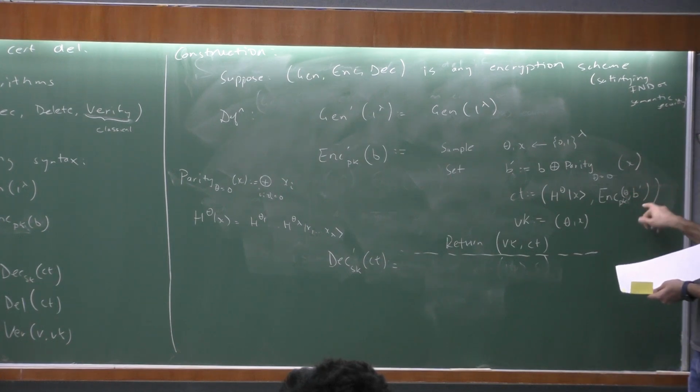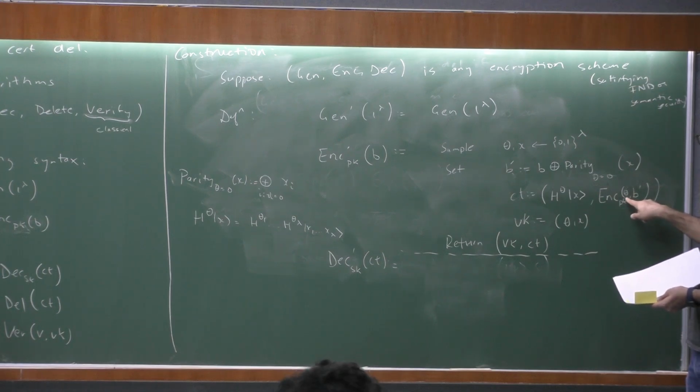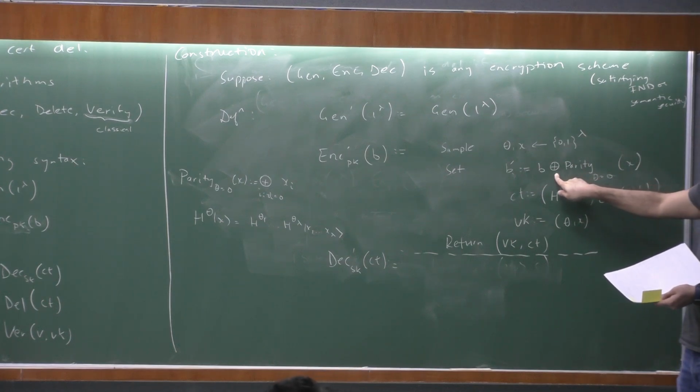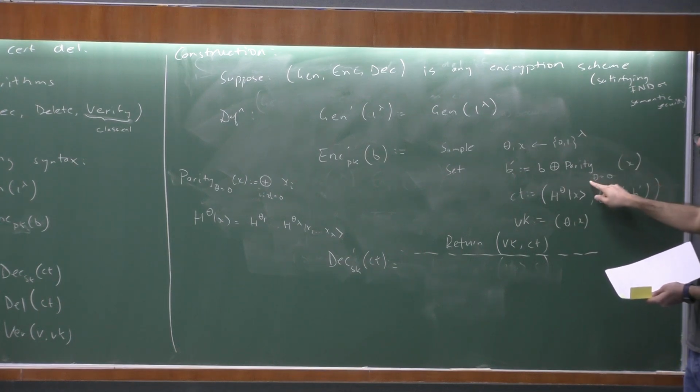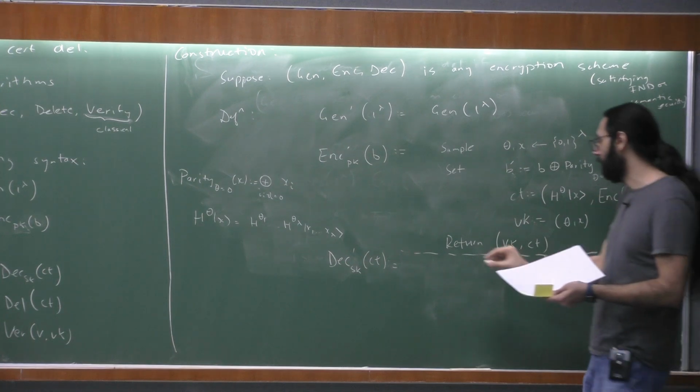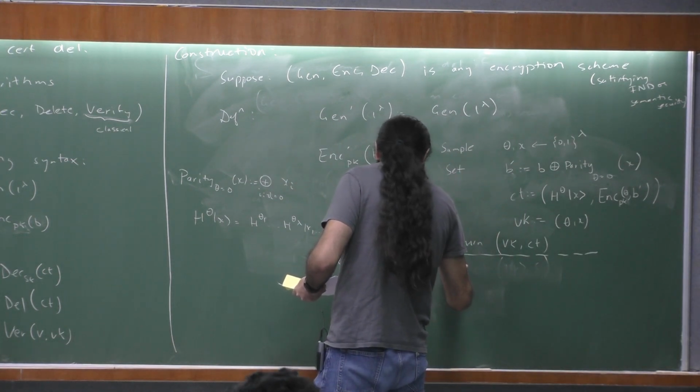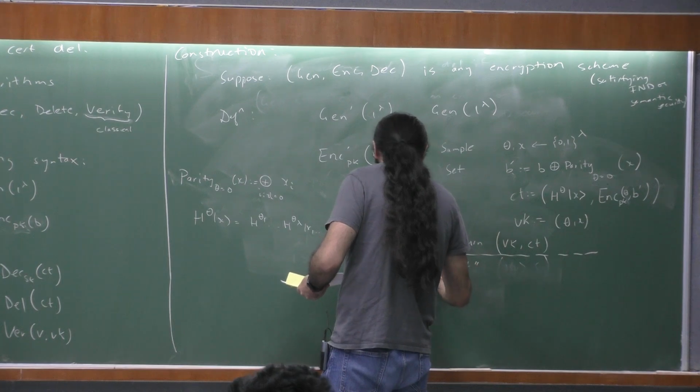So you send theta and b prime both, okay? When you get the secret key, you can learn theta. From the theta, you can learn x. And then from the x, you can remove this XOR, because you know theta and x. Okay, so decrypt I'm not going to write. Let's say it's implicit. It'll be in the notes, so you don't have to worry.